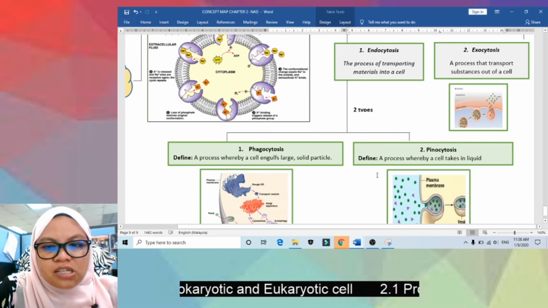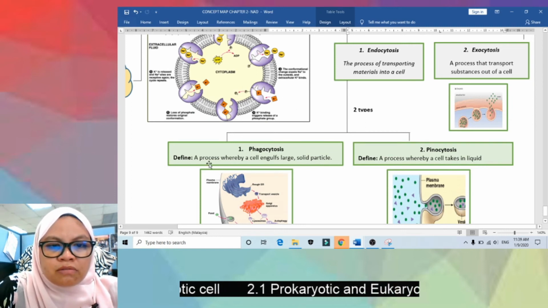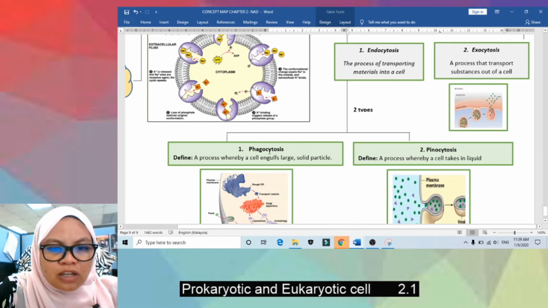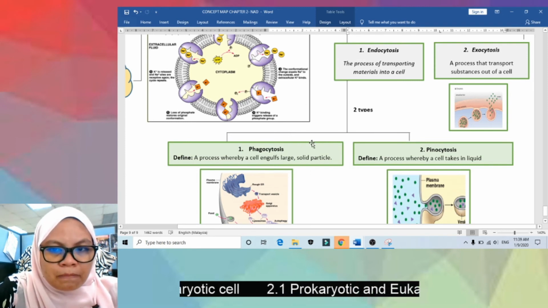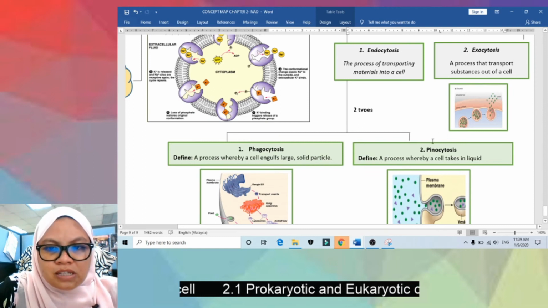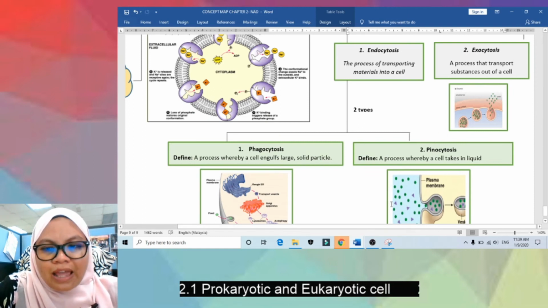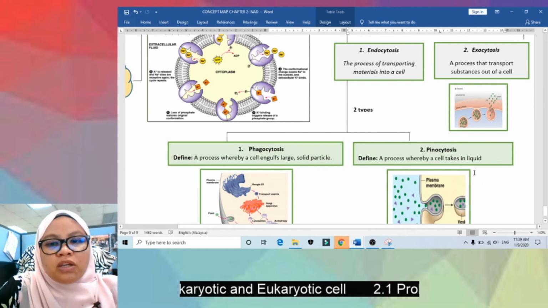For pinocytosis, it is the process whereby the cell takes in liquid. So as I said, they are divided into two based on the type of material. For phagocytosis, the substance that moves into the cell is in the form of solid particles, but in pinocytosis, the substance that enters the cell is in liquid form.